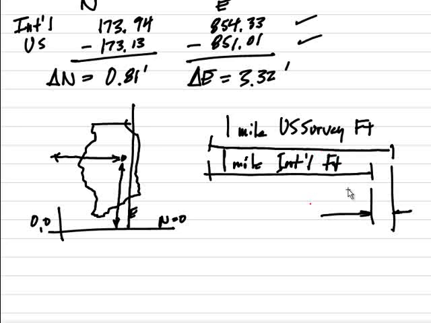That difference is about 1/100th of a foot. So, over long distances, this accumulates pretty significantly. And in our example here, it was 0.81 by 3.32. It could be smaller in some zones and much, much greater in others. So, a simple little application problem of two different versions of the foot that look similar, but they certainly are not.